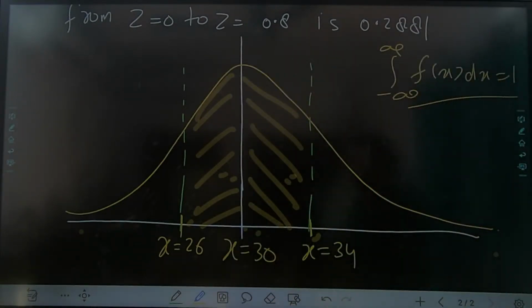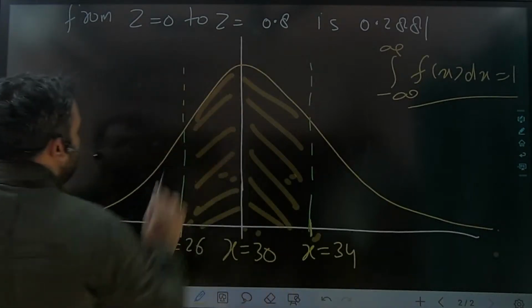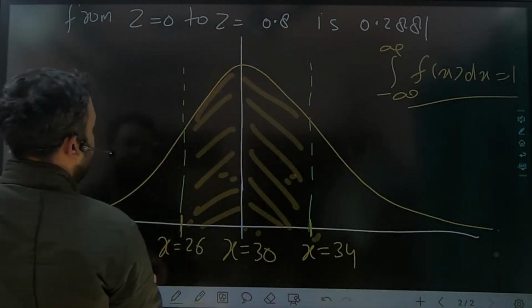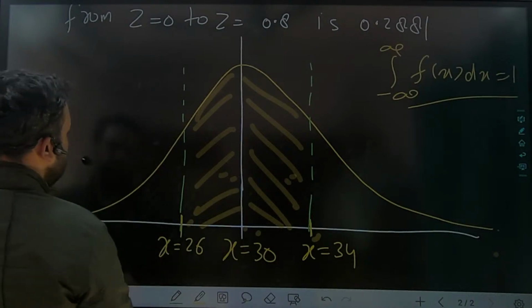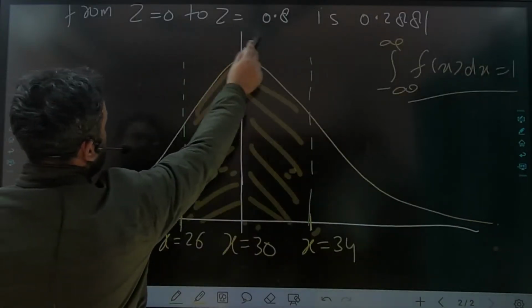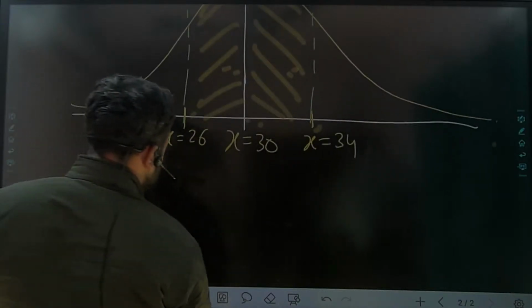Now, how to use the z-score? They have given from z equal to 0 to z equal to 0.8 the value 0.2881. The area under these z limits has been given to me. So first let us calculate the z-score.